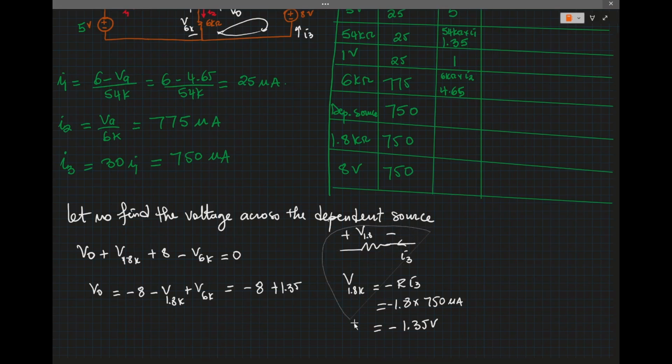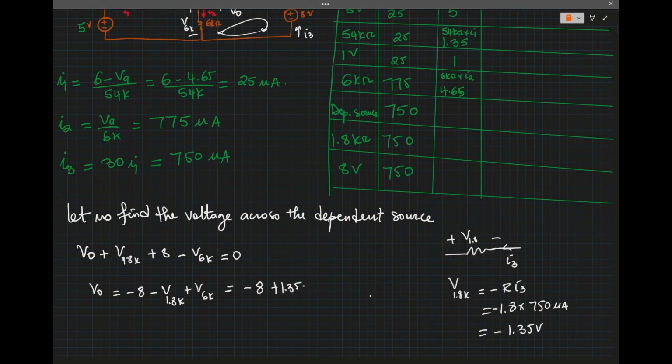Let me move this slightly to the right. Okay, and then plus V6K. V6K was equal to 4.65. So it's minus 8 plus 4.65 plus 1.35. So negative 8 plus 6 equal to negative 2 volt.